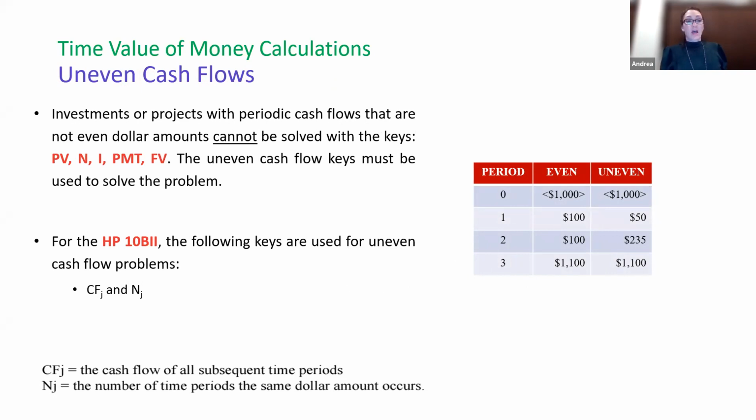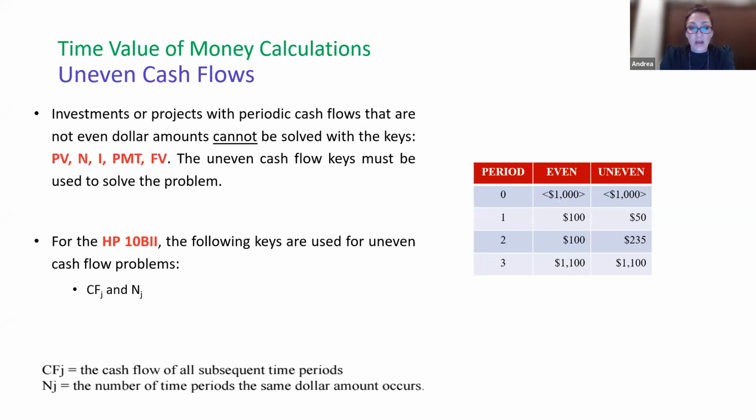Okay. Time value of money using uneven cash flows. Sometimes there are investments or projects where you have cash flows that are not even dollar amounts, and they cannot be solved with the keys that we've just been using on that top row: present value, number of periods, interest rate, payment, and future value. So we're going to be using uneven cash flow keys to solve the problem.